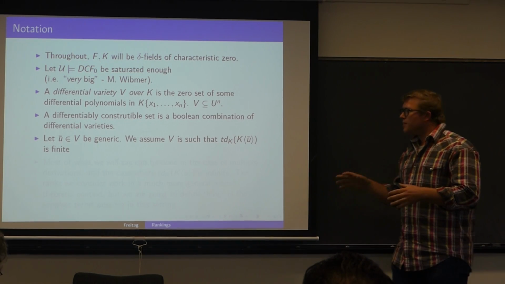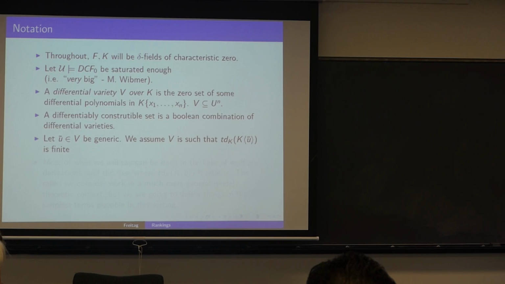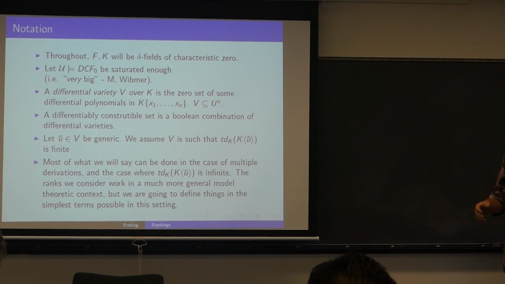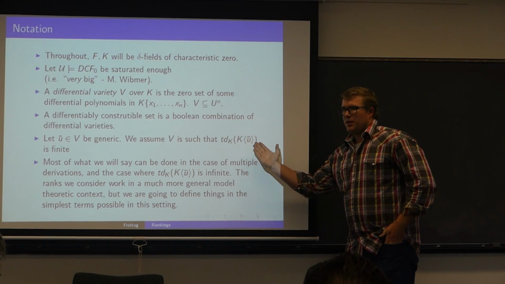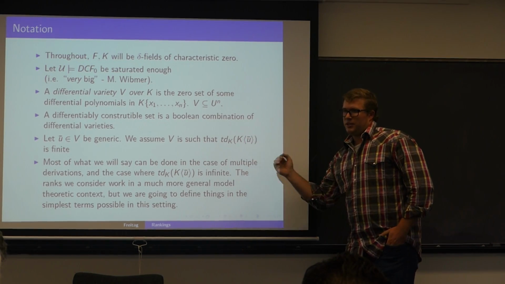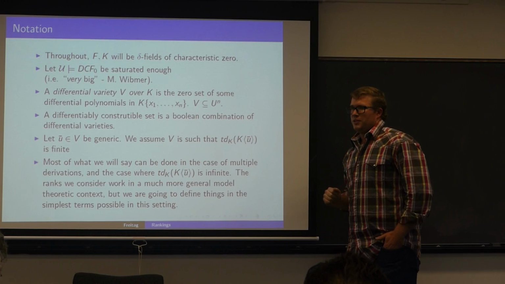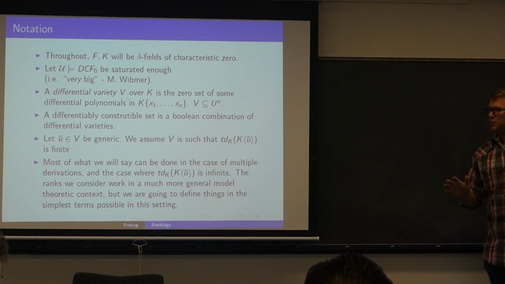You can say the kinds of things that I'm going to say in more general circumstances, with multiple derivations, where you don't assume anything about this, but I think the definitions would be harder to set up. So I want to just work in this case for today.